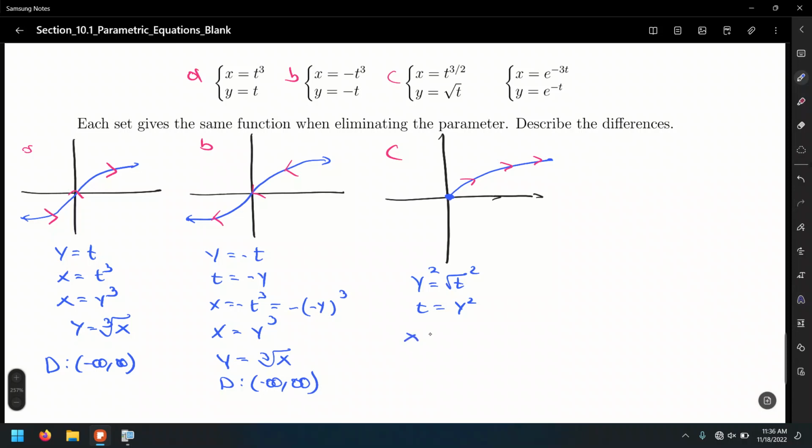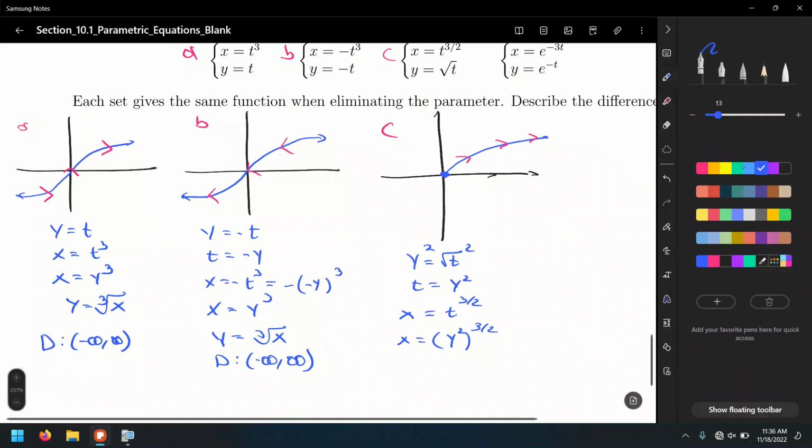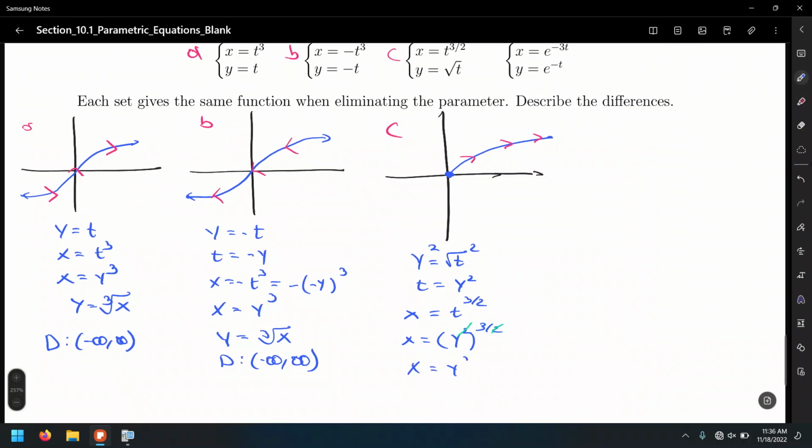Writing back the equation for x equals t to the 3/2, x equals something to the 3/2, and that something, which is t, is y squared. Power of another power, we multiply the powers. When we multiply 3/2 times 2, these 2's cancel, and we're left with x equals y cubed, which is y equals the cube root of x. Isn't it the same function being parameterized in a different way?